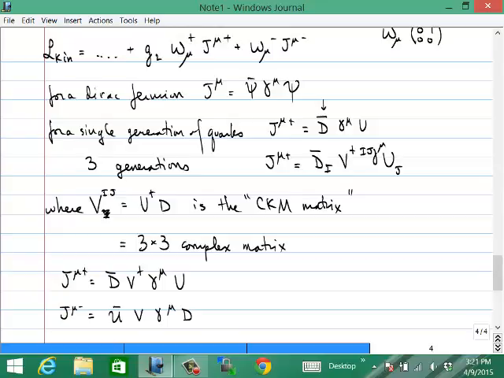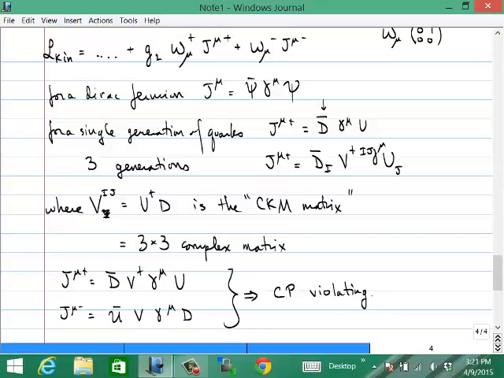And if you think about it, this tells us that the standard model is CP violating. Why? Well, remember that these are the currents that couple to W plus and W minus.